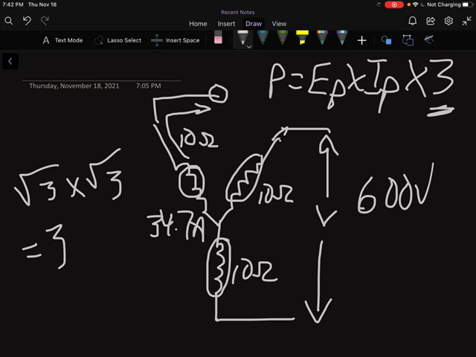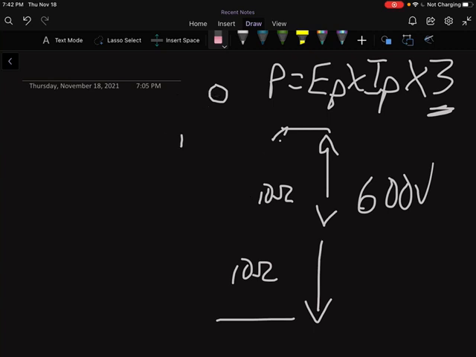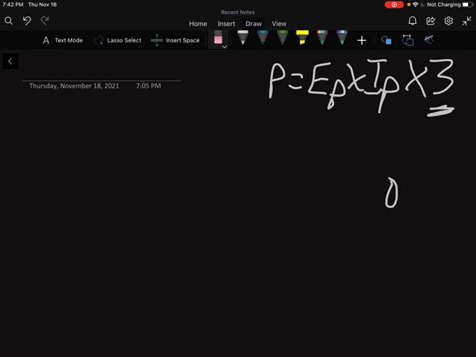So if you were to look at the difference between the two, obviously your three-phase power for a three-phase circuit, whether you're calculating it using phase values or line values, should be equal. So I'm just going to rearrange this a little bit, and hopefully you can follow this.